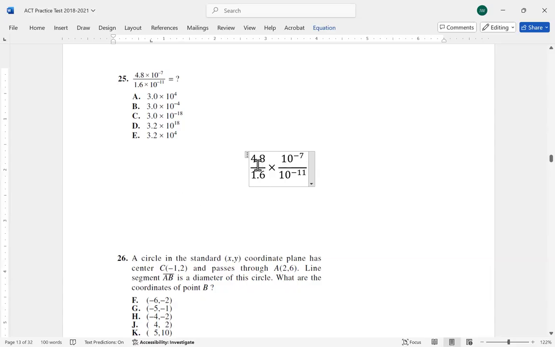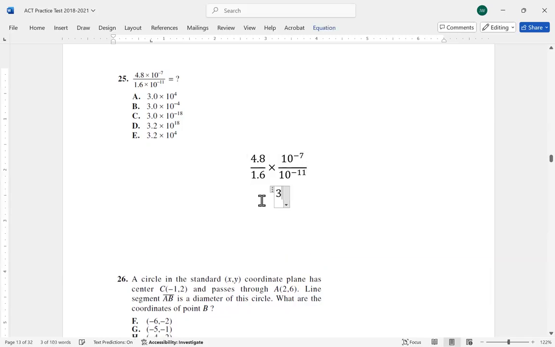When you take the 4.8 divided by 1.6, you end up with 3, or just 3.0.